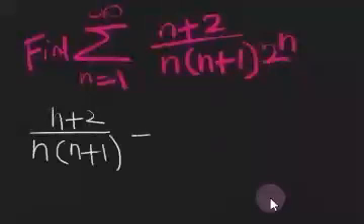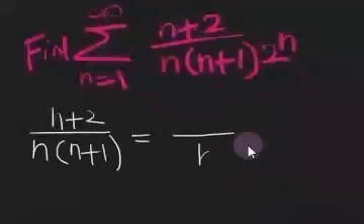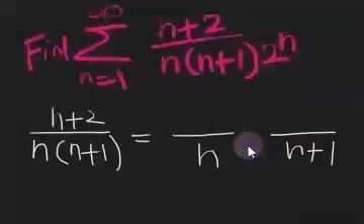The first thing is to split this one into partial fractions. The first term is n, the factor is n plus 1, so partial fraction.